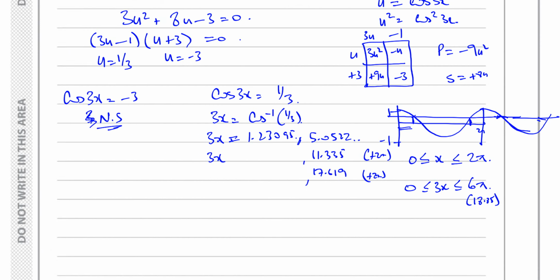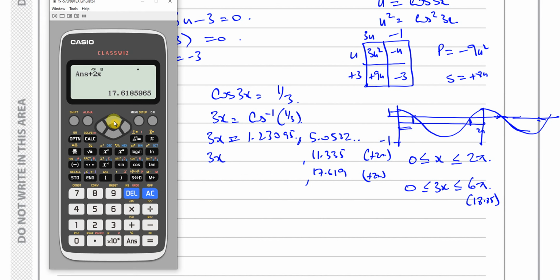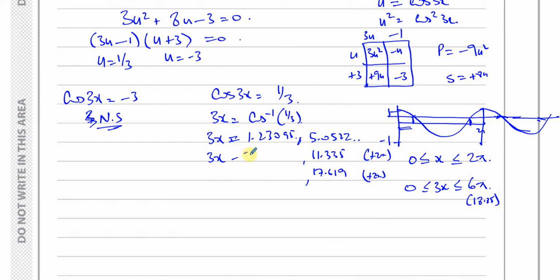And this series of solutions, let's go back. Okay, that was our first solution. So I can add 2 pi to this. And it gives us 7.514. And I can have another solution.